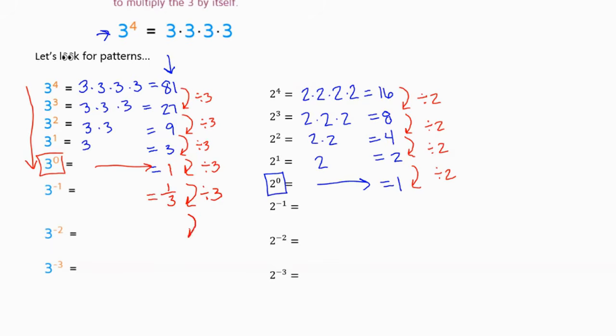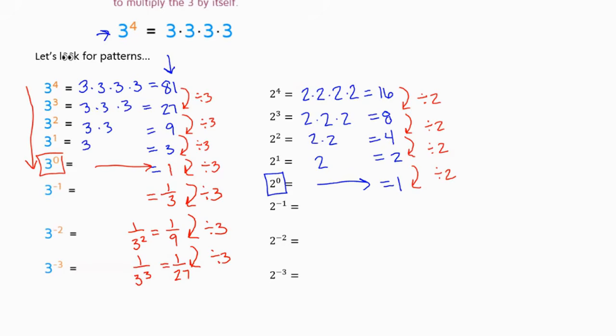Well, let's continue. What is 1/3 divided by 3? That's 1/9, or 1/3 squared. Let's keep going. 1/9 divided by 3. Well, that's 1/27. That's equivalent to 1/3 to the third.